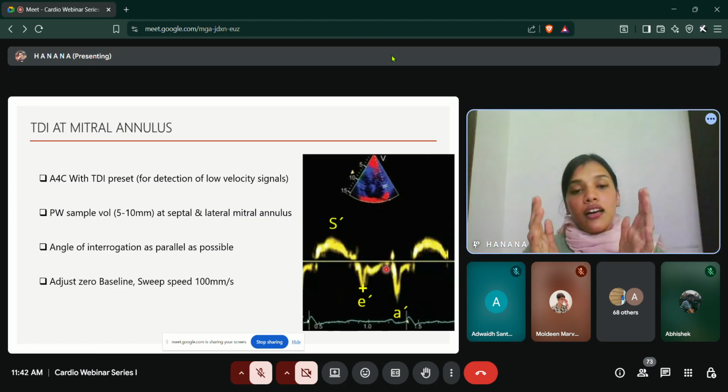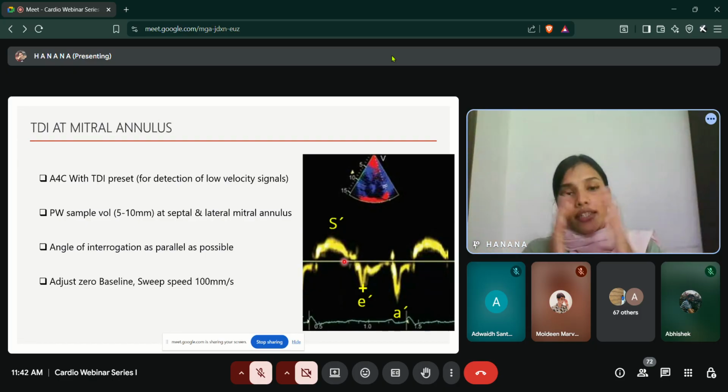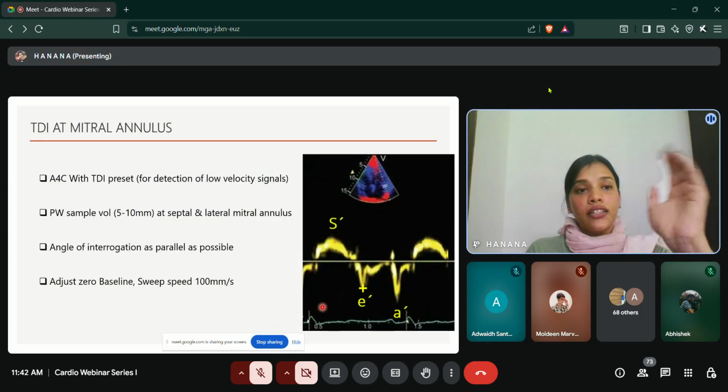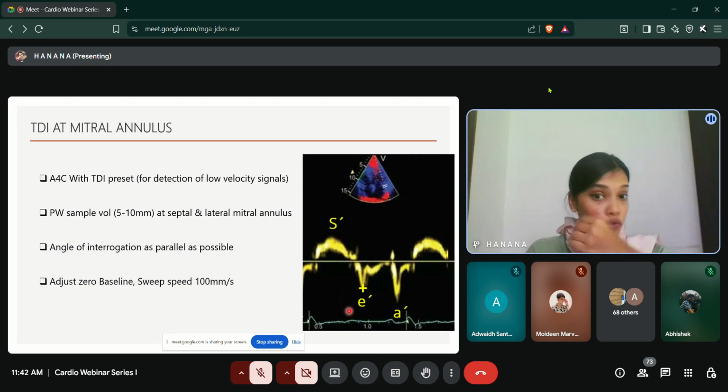It moves inward during systole, which is shown as a forward flow, and during diastole it relaxes back, so it is shown as a downward deflection. So the E wave and A wave are shown below the baseline. Don't get confused: in transmitral inflow, we see waves above the baseline, and in TDI we see them below the baseline. So we will get an S dash wave, an E dash wave, and an A dash wave. That's how we will see it.